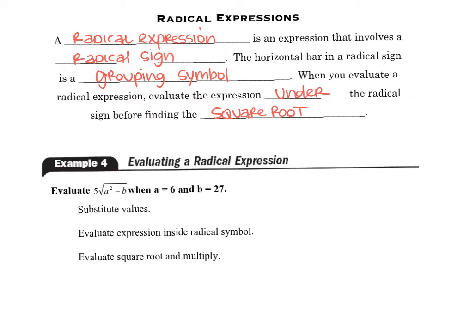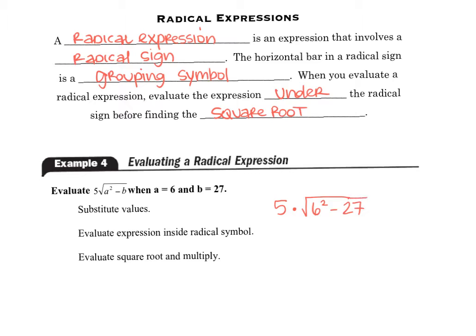Evaluate 5 times the square root of a squared minus b. All right, so just as always, the first thing we're going to do is plug in a and b. So this is 5, and remember when there's no operation, we know that's multiplication. So 5 times the square root of 6 squared minus 27.